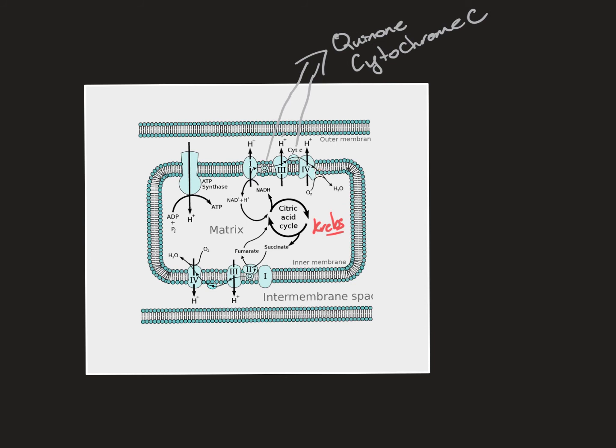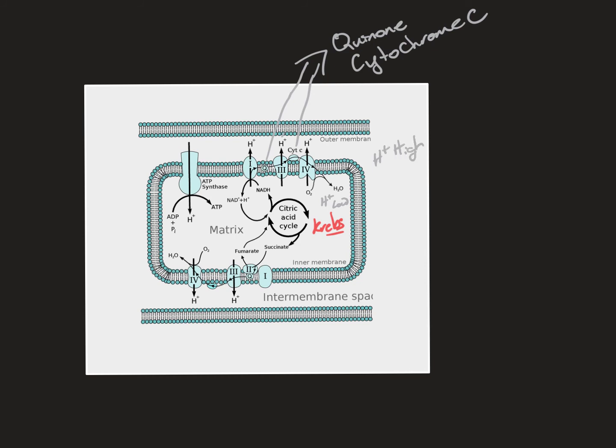That electron's energy is used to pull hydrogen from low to high. So remember, hydrogen ions are low here, and hydrogen ions are high out here.